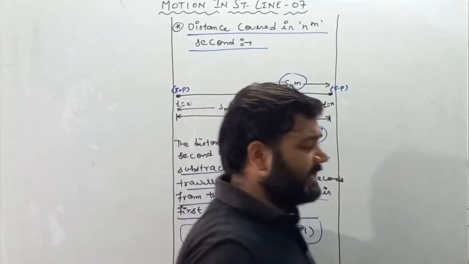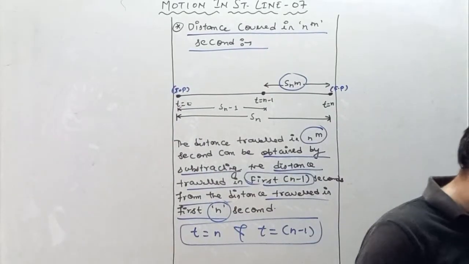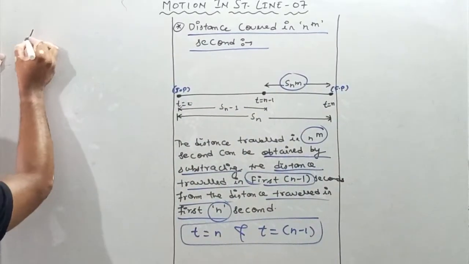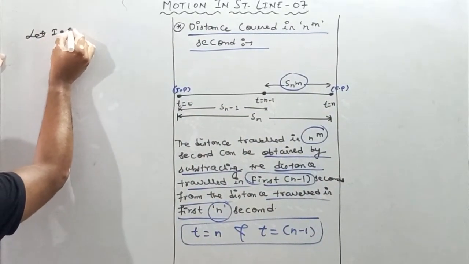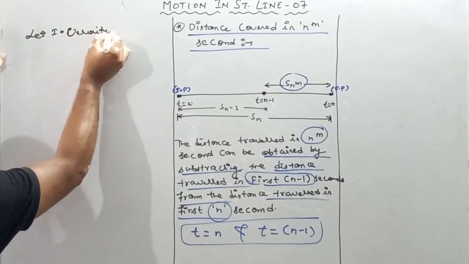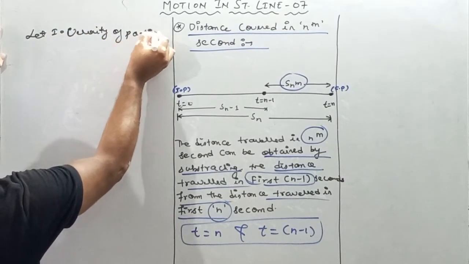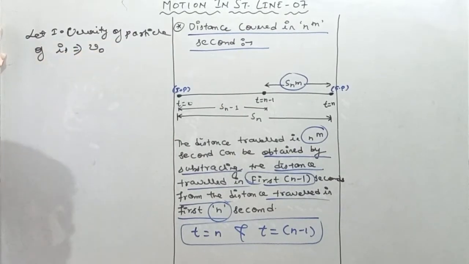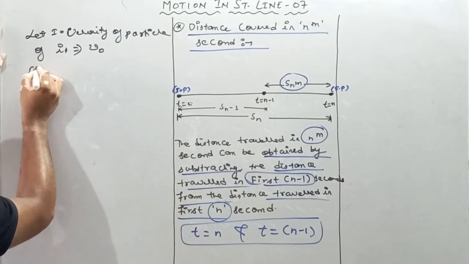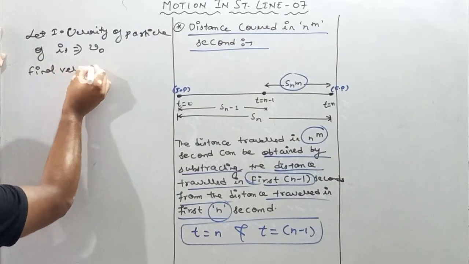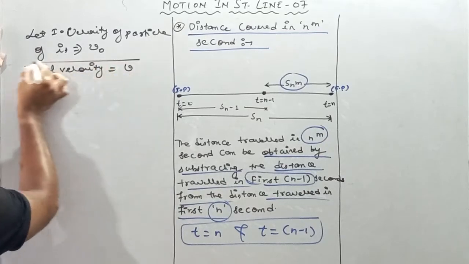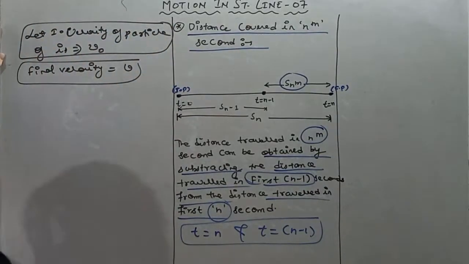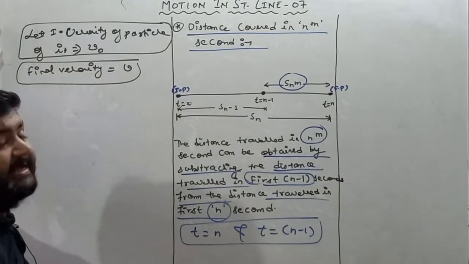And we know the distance traveled in t seconds equation. Let's suppose the initial velocity of the particle is v naught, and the final velocity is v, and we wish to find the distance traveled in nth second.